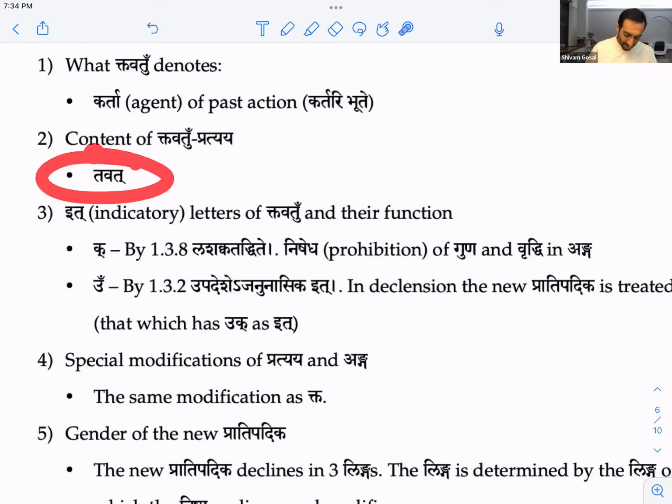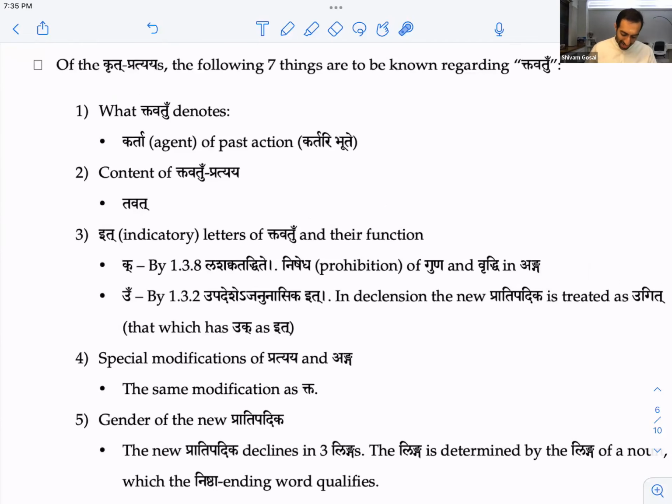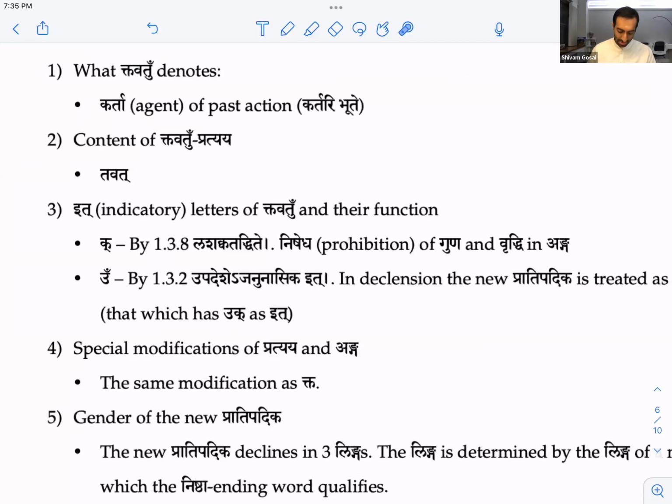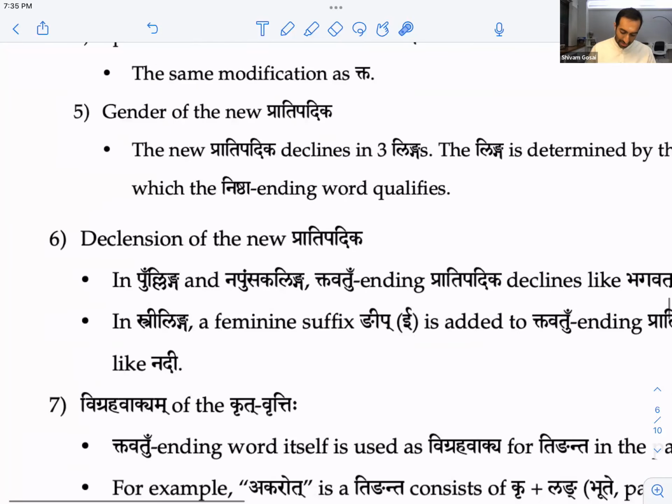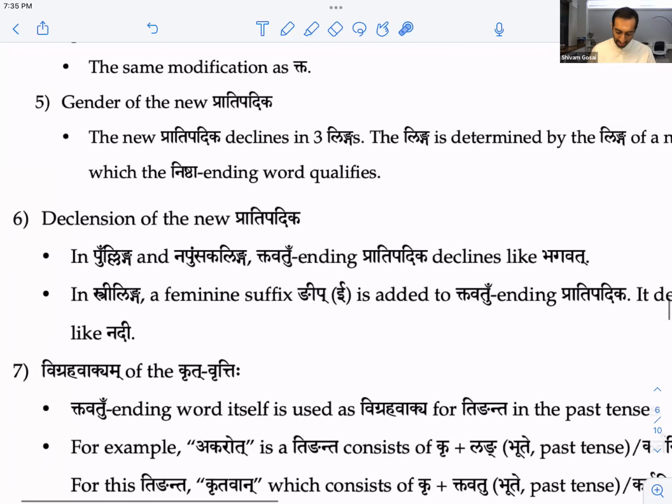The content is tavat, meaning the kakara and ukara go away, so you are just left with T-A-V-A-T, tavat. It has some special changes, and those are the same as Kta. We saw some of those changes. It declines in three lingas, and the declension is like Bhagavat Shabda.